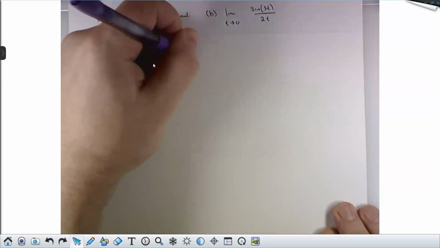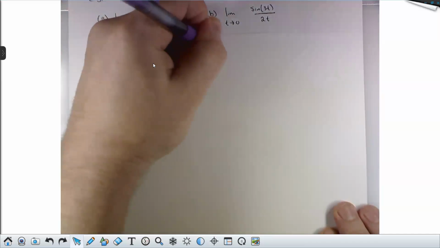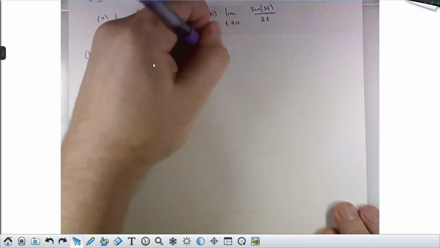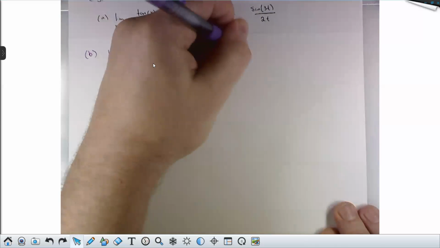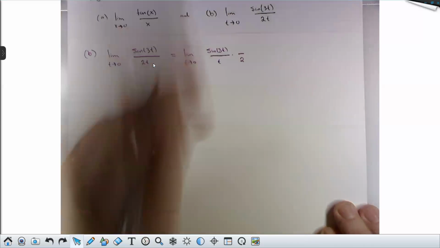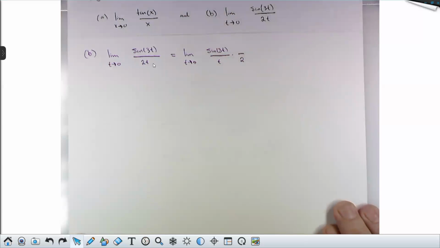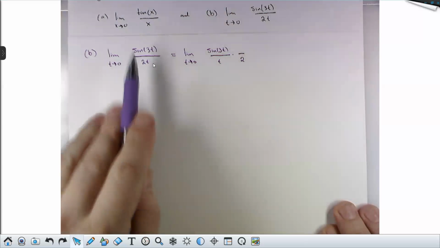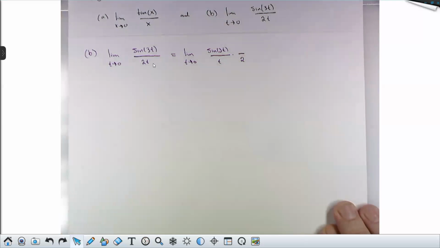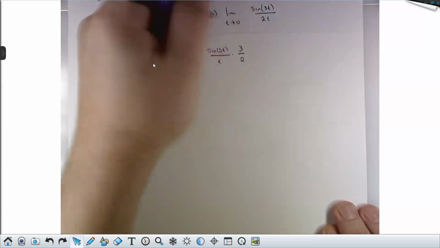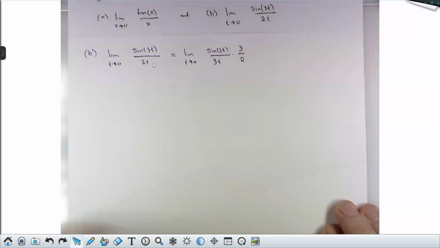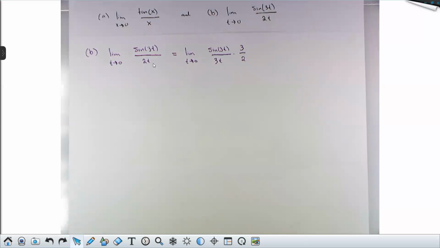I would say that this is the limit as t goes to 0 of sine of 3t over t times, I'll pop that 2 out over here. Fractions multiply straight across. And then if I put a 3 up here and a 3 down here, something nice will happen. Because now the inside of the sine function upstairs is the thing that's down here.